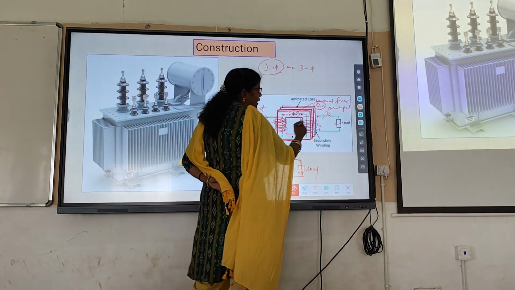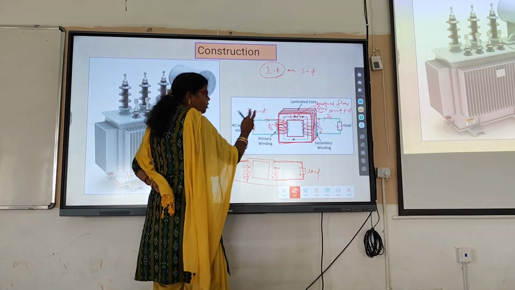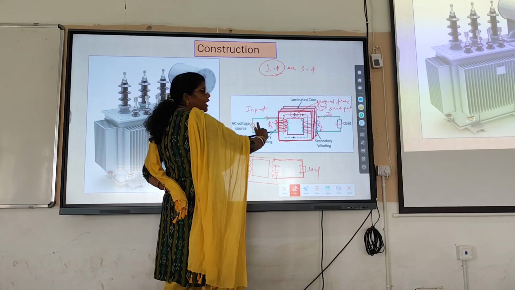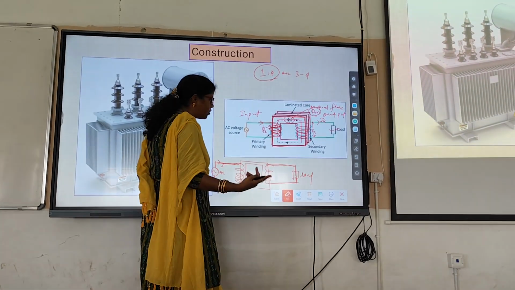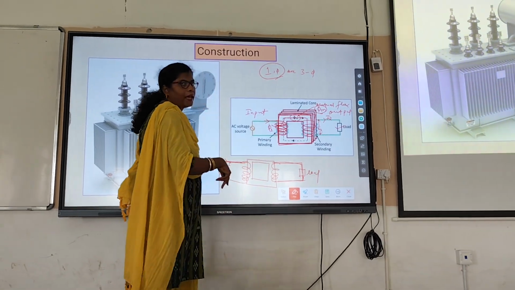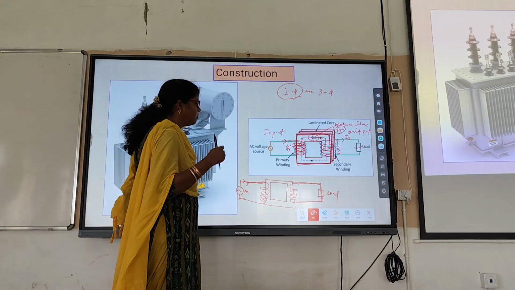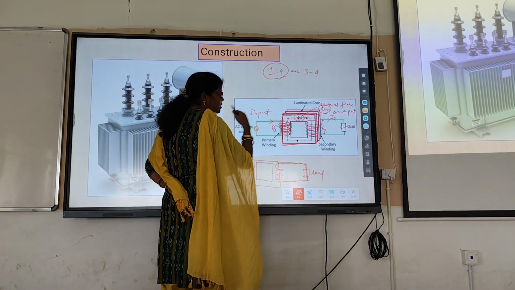So automatically this side we get the supply, meaning power from the primary side is transferred to the secondary side. This is the working principle of a transformer, the first view of how the transformer works.